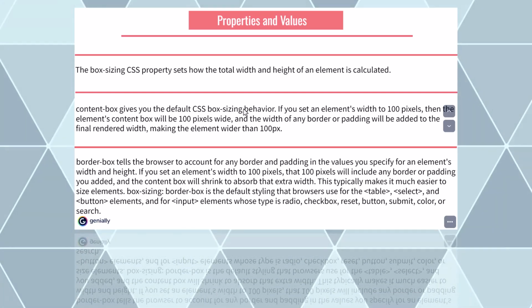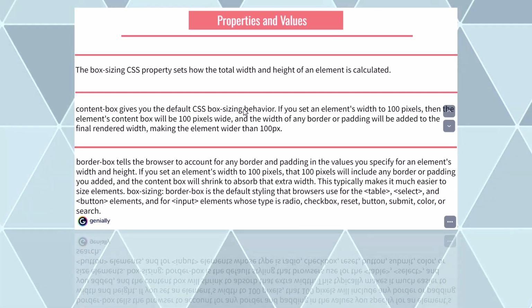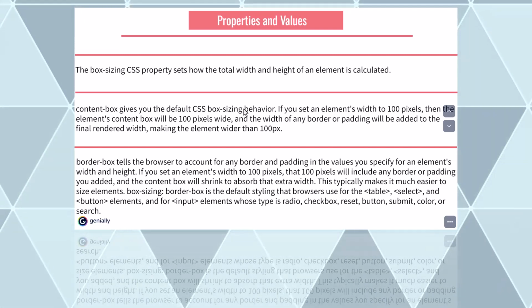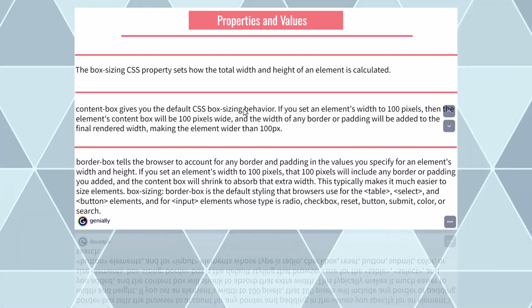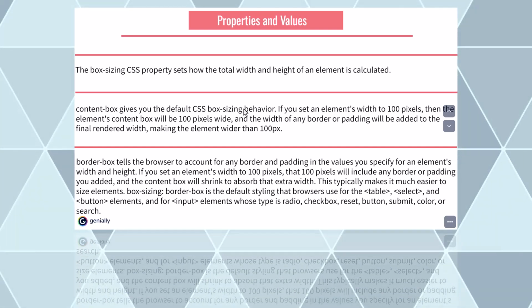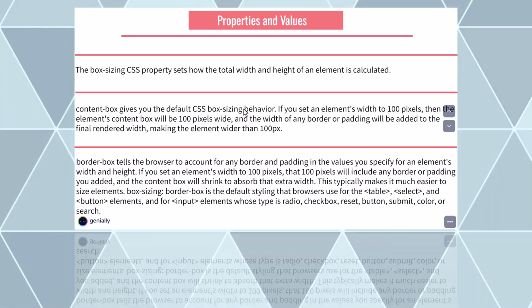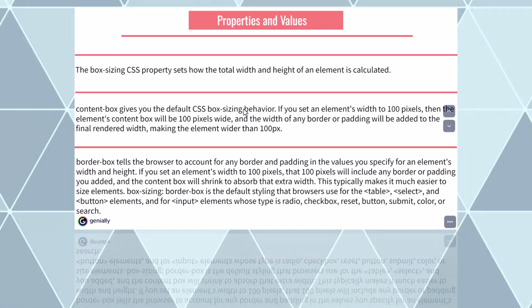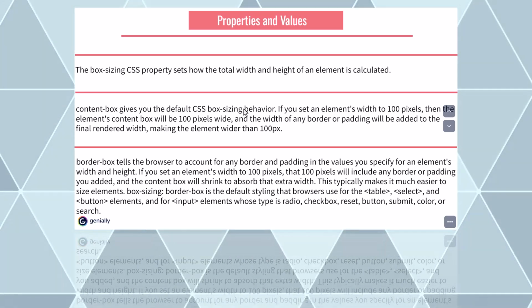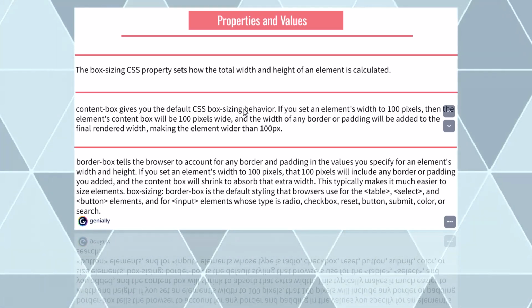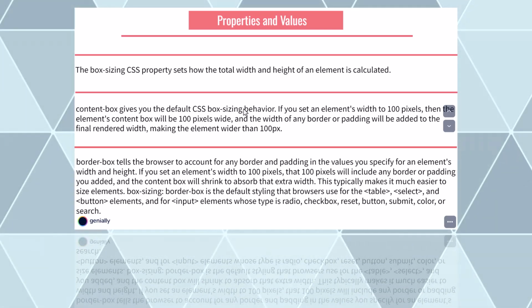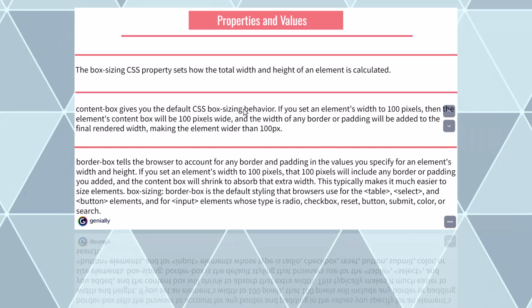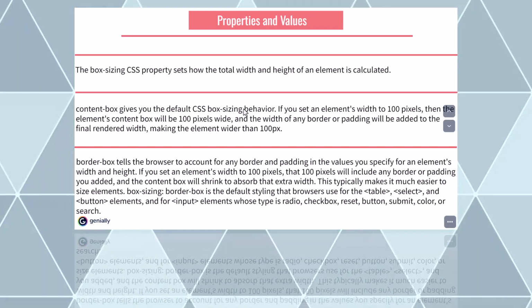So what do you make out of it? So if you use the content box and it gives you the default box sizing behavior, the border and the padding will extend it, because it will be default. Okay. Do you understand? Yeah, I understand.